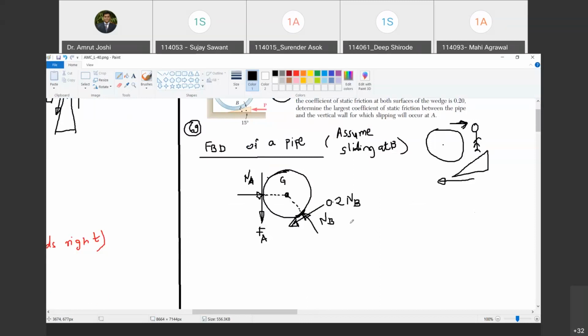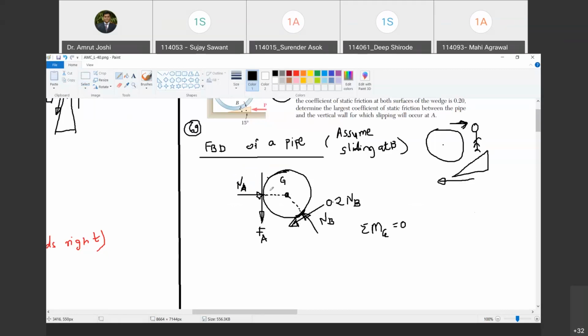Happy? Yes, sir. So now let me take moment about G equal to 0. Moment of all forces about G equal to 0. Will NA cause any moment? No, sir. Why? Because NA is passing through G. Do you agree with me? Yes, sir. Will NB cause any moment? No, sir, it is passing through G. Will FA cause a moment? Yes. And how much will be that moment?